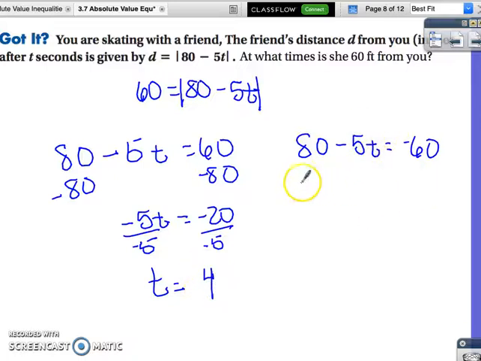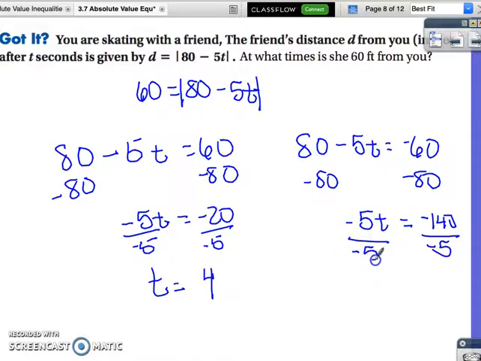And then here, subtract 80, negative 5t is equal to negative 140, divide by negative 5. So t is equal to 28. So that means she is 60 feet away from you at 4 seconds and 28 seconds.